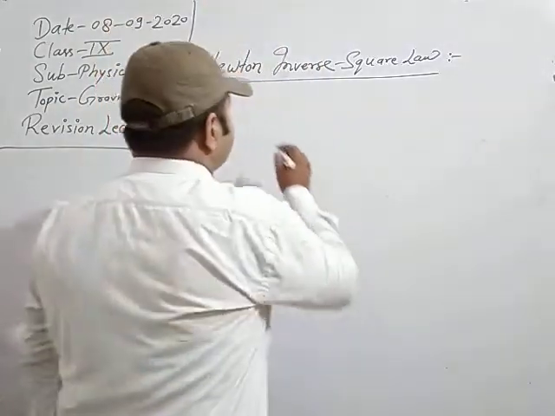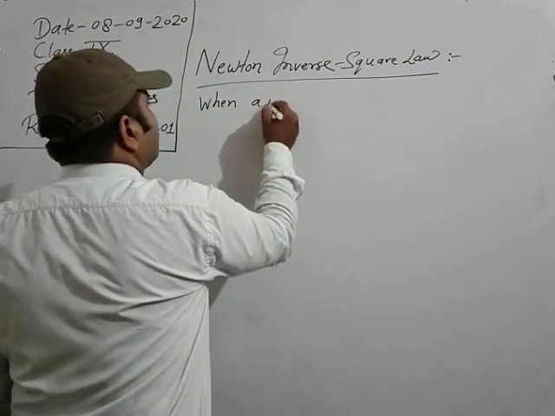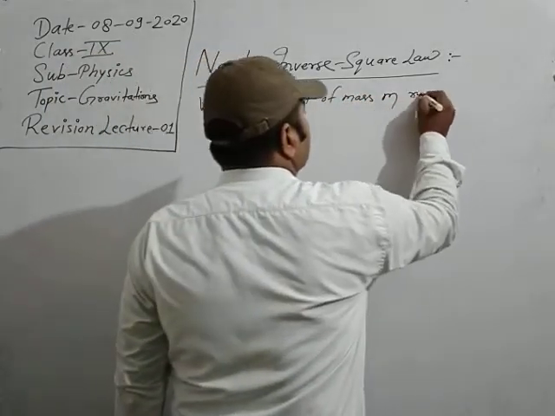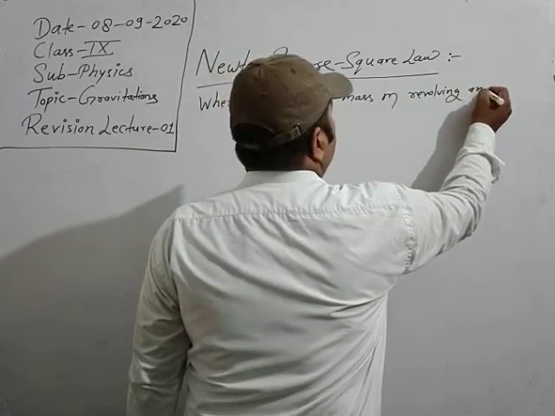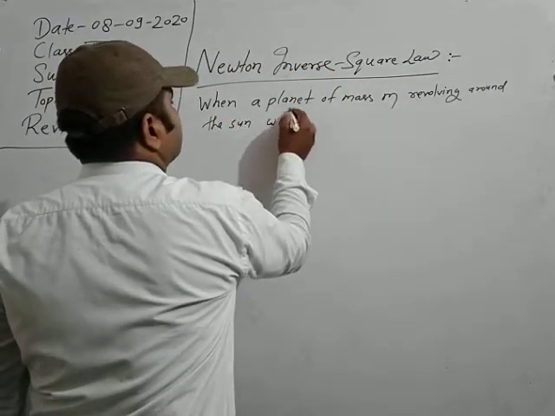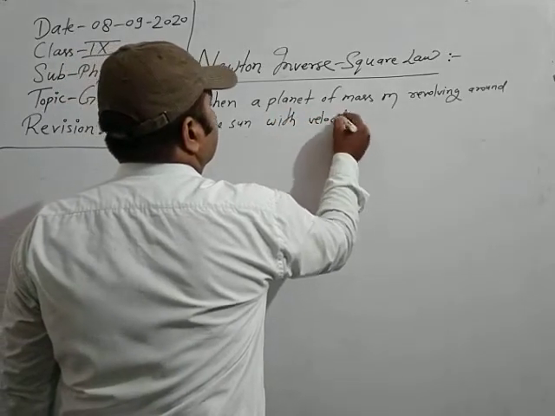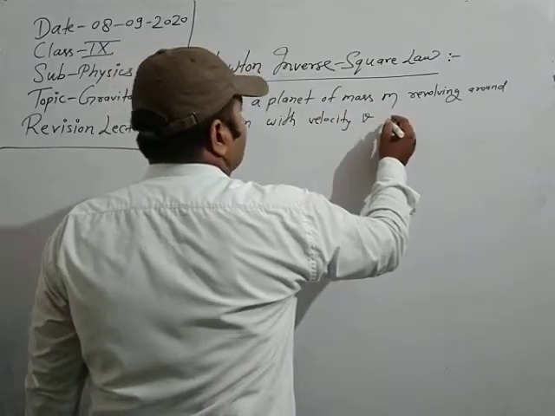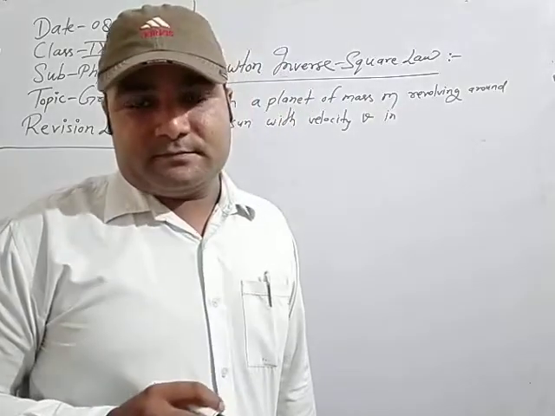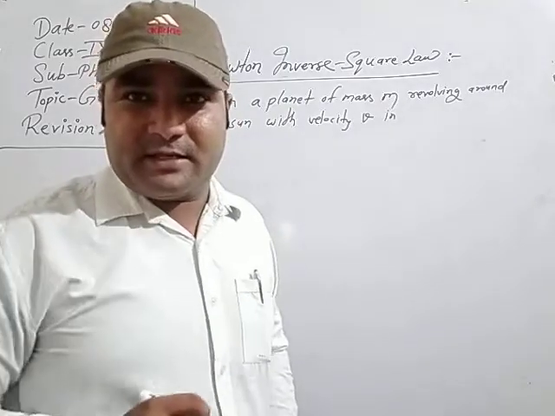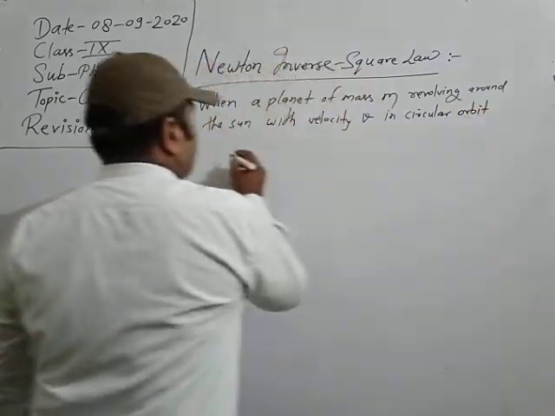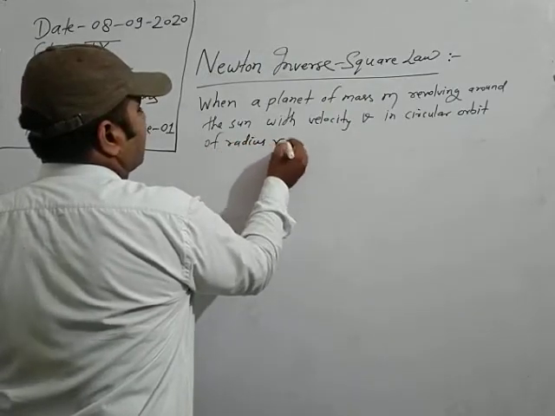When a planet of mass m is revolving around the sun with velocity v in a circular orbit, suppose here the orbit is circular and has radius r.